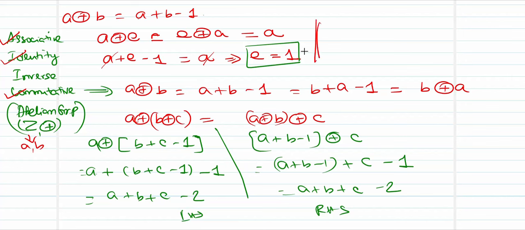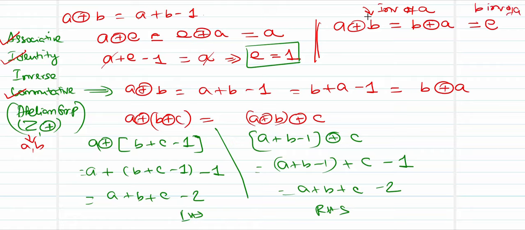And the last concept is going to be inverse. What is going to be inverse? a ⊕ b, where b is going to be your inverse of the element a, is the same as b ⊕ a, which must be giving back my e. If it is so, then b is called the inverse of a. So my target is to find what this b is.